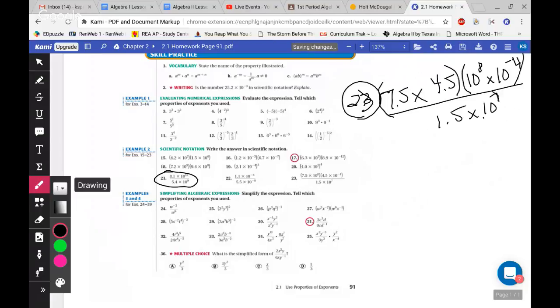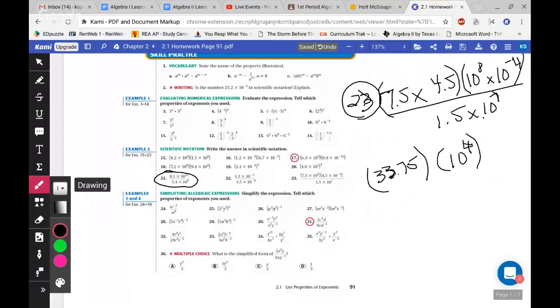So I will multiply 7.5 times 4.5, and I get 33.75. And then I'm going to add my exponents in that second part. That's 8 plus a negative 4, which gives me 10 to the 4th.